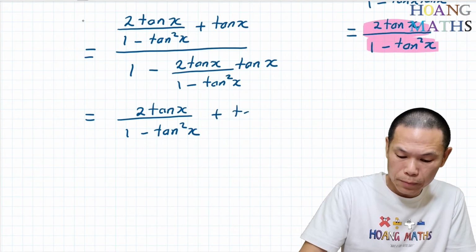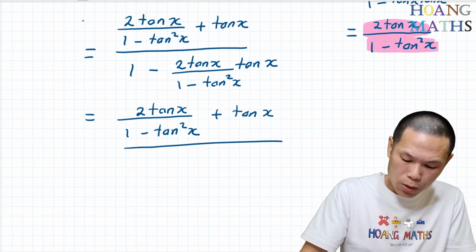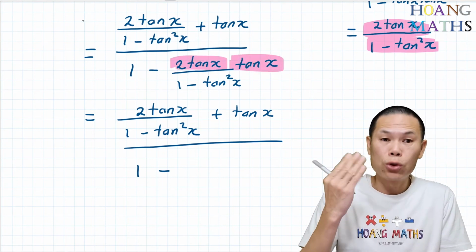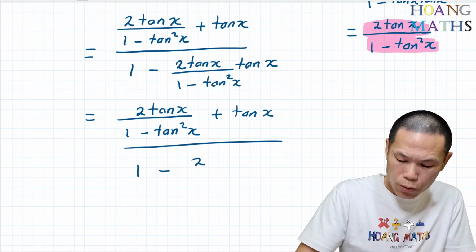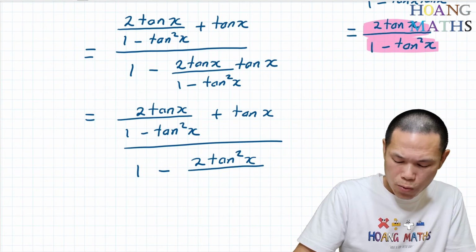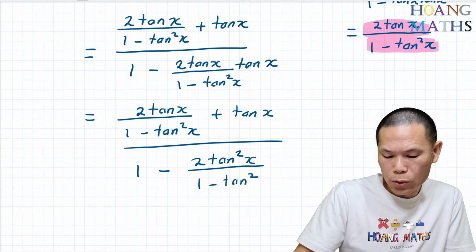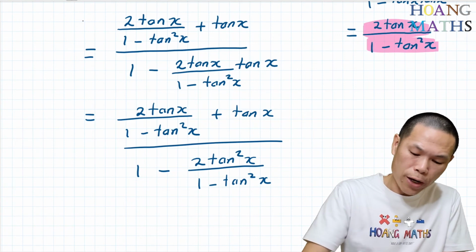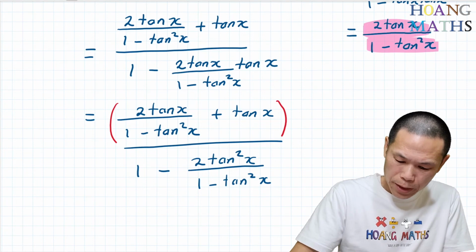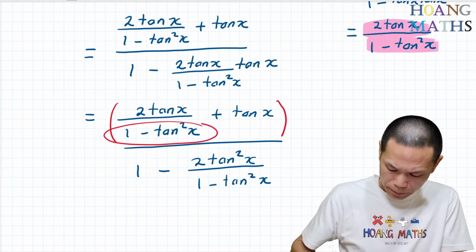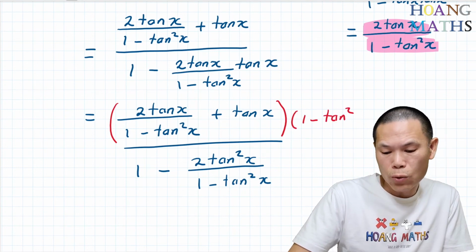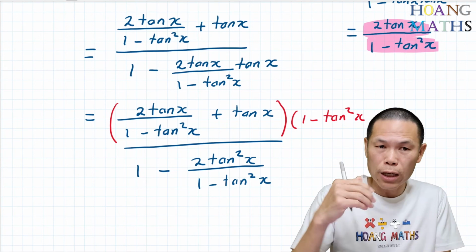We add, over 1 minus, so we have 2 tan of x times tan of x is 2 tan square of x. So 2 tan square of x over 1 minus tan square of x. So the numerator, which is the whole top here, we times by the 1 minus tan square of x. So bracket 1 minus tan square of x, because we want to get rid of it, okay? So that's why we do the opposite.